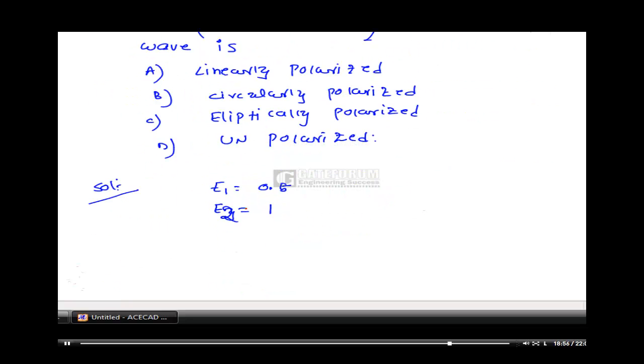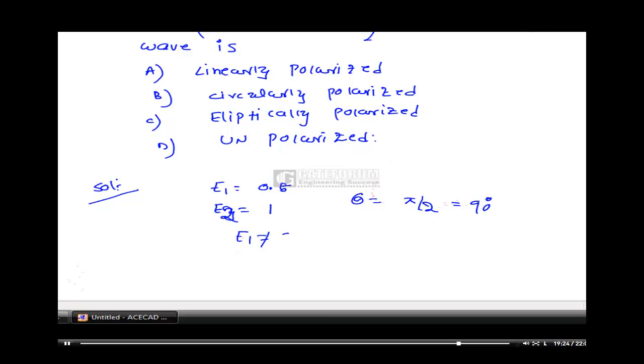Then what is the angle theta? Because e power j omega t minus j kz is common to both Ex and Ey, the additional thing is only that the Ey component is multiplied by e power j pi by 2. So additionally we are getting plus pi by 2. So theta is equal to pi by 2, that is 90 degrees.